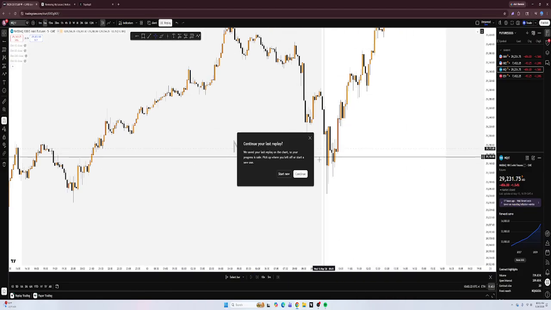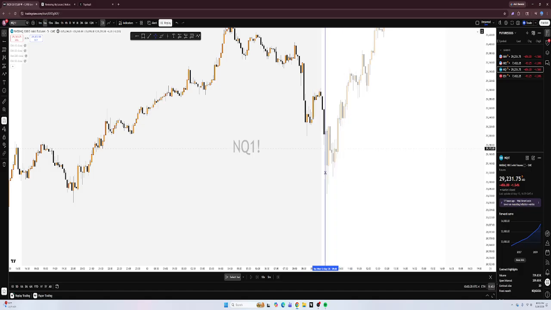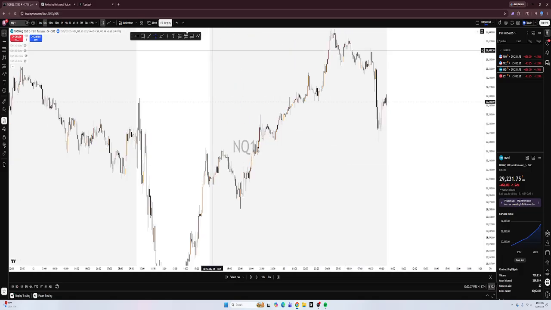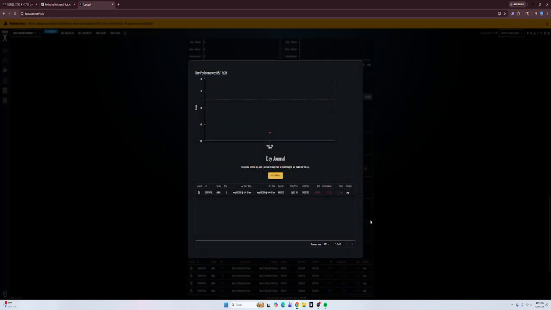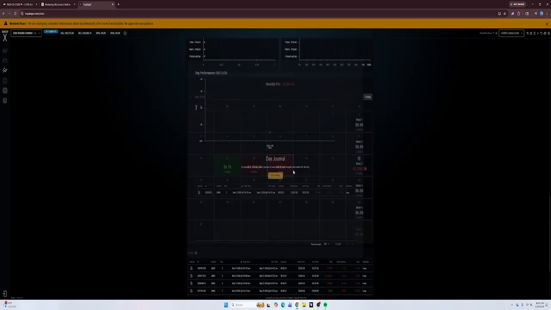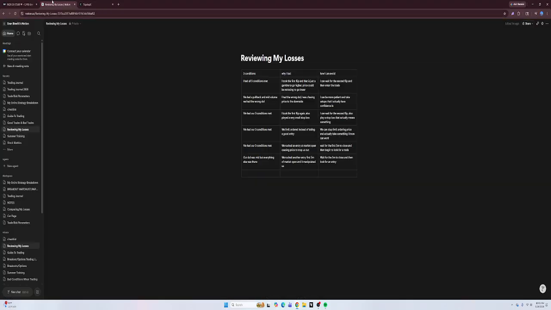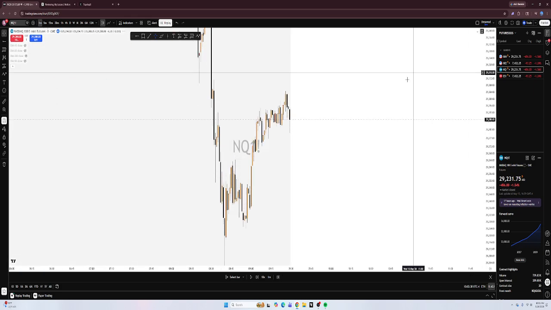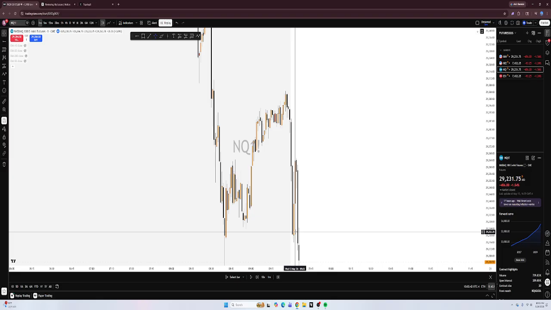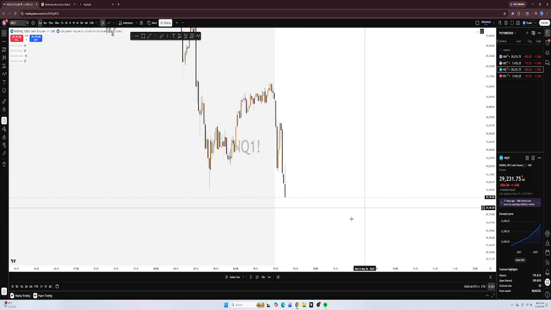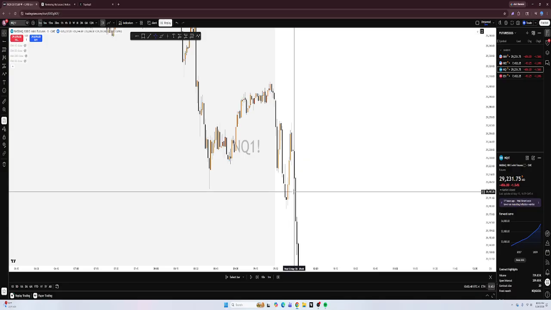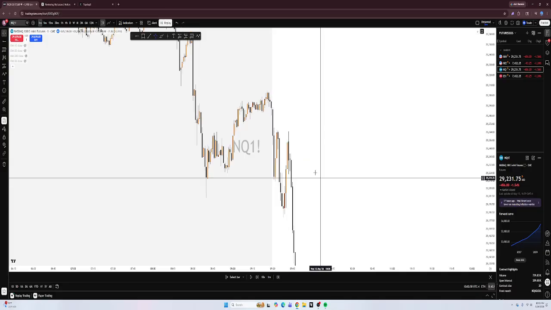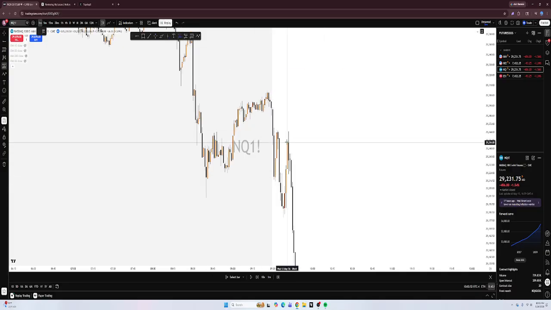So if we go here, the trade I wanted to take, as you can see, took longs for the day at what time? 9:42 on the 1 minute. We entered on this candle.